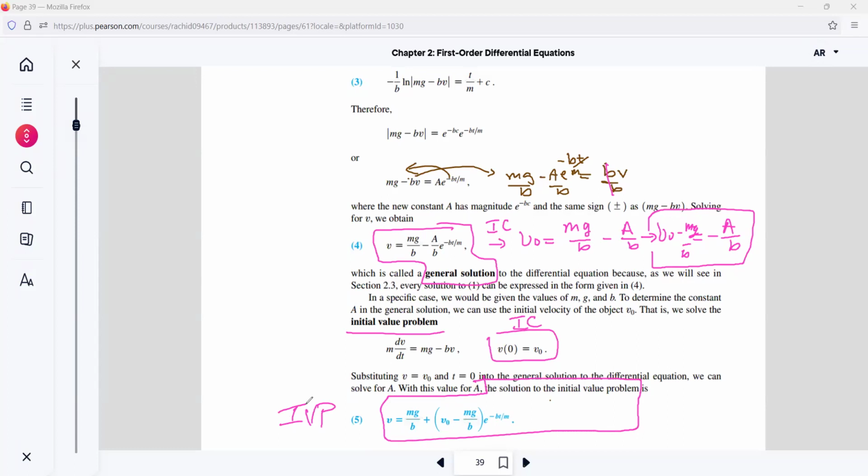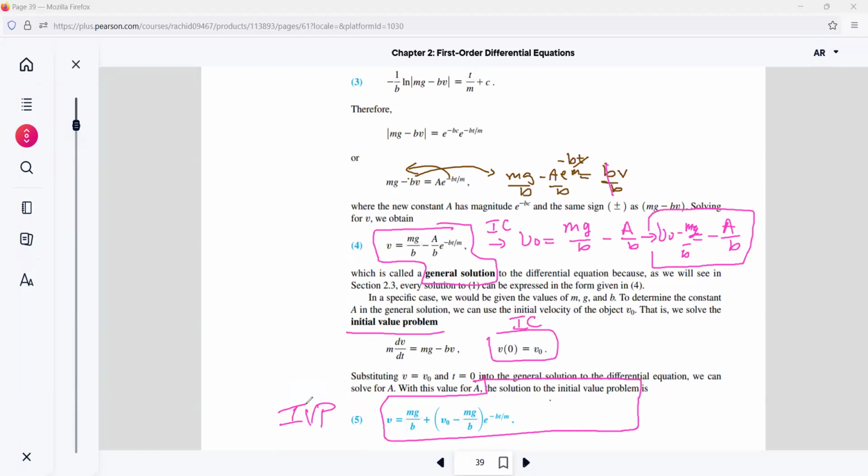We have a general solution based on the assumptions that were given at the beginning, and then we applied certain initial conditions, saying that the initial velocity when t equals 0 is some v naught. We didn't say 0, we said some value, and it could be different things.